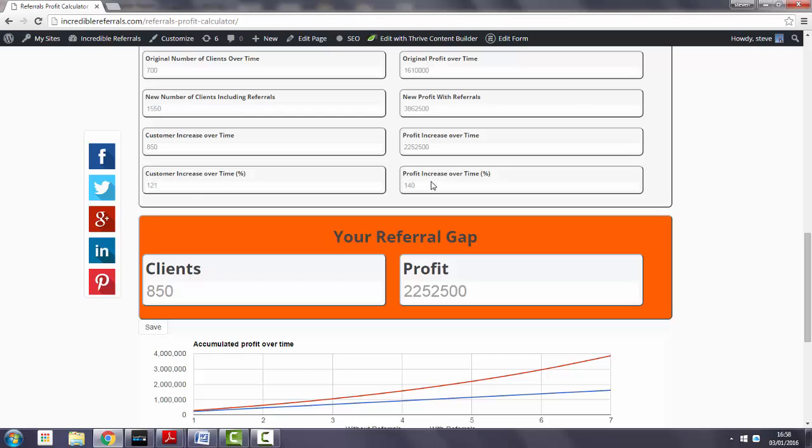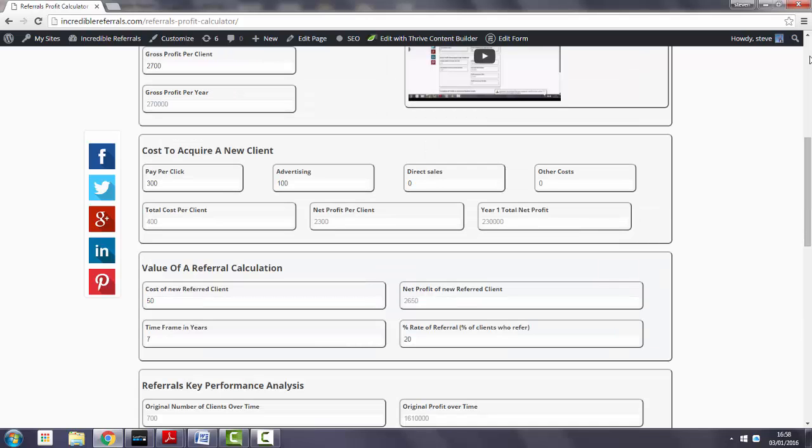An increase in profit of 140%. The 700 clients over time turn into 850 extra clients, so the actual number of clients you'll get is 1,550. The gap in the money that you're leaving on the table here is £2,252,500, and that's by increasing your referral potential by 20%.